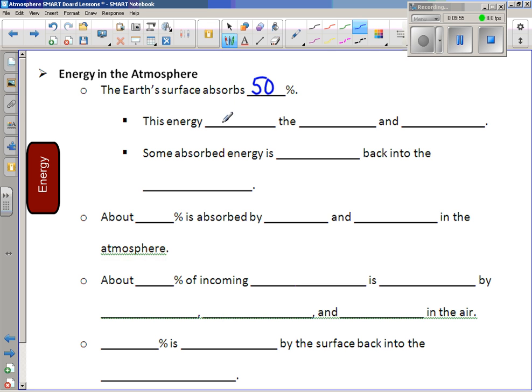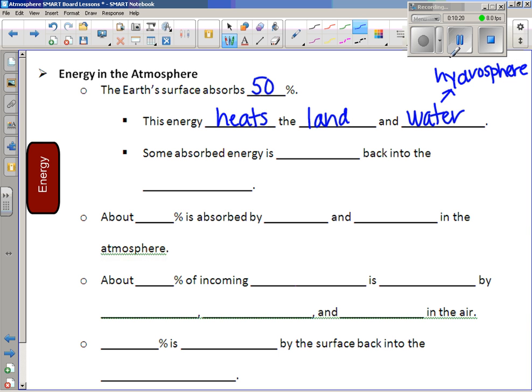Now this energy is used to heat the land and the water. And all of the water on Earth's surface, we know from studying the water cycle, is called the hydrosphere. So write that down on your notes.